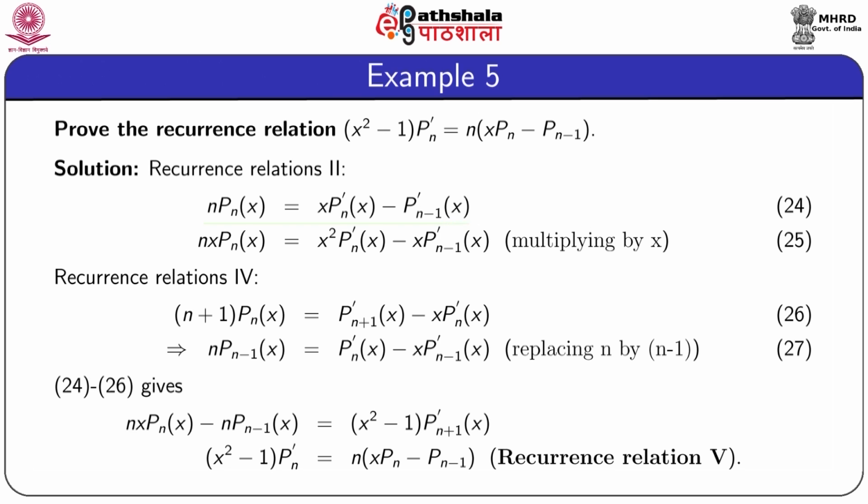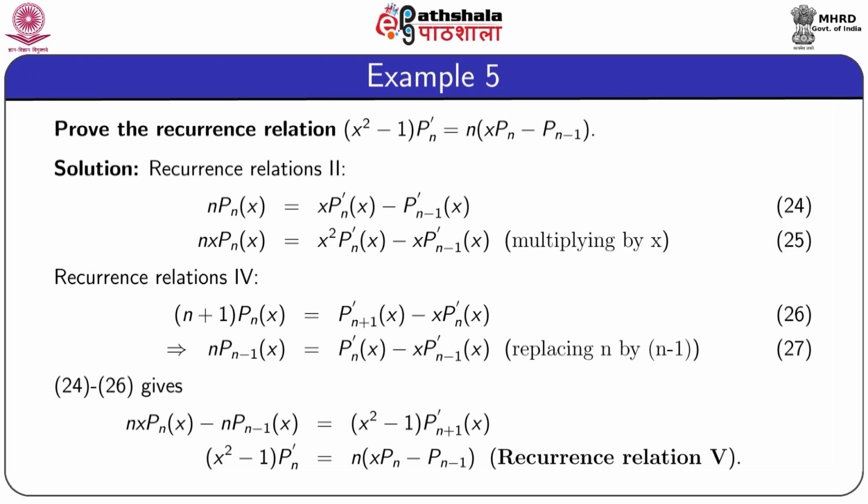We multiply both sides by x and get equation number 25. Now, recurrence relation 4 gives n plus 1 p n x is equal to p dash n plus 1 minus x p dash n. We replace n by n minus 1 in equation number 26 and we get n p n minus 1 x is equal to p dash n minus x p dash n minus 1.